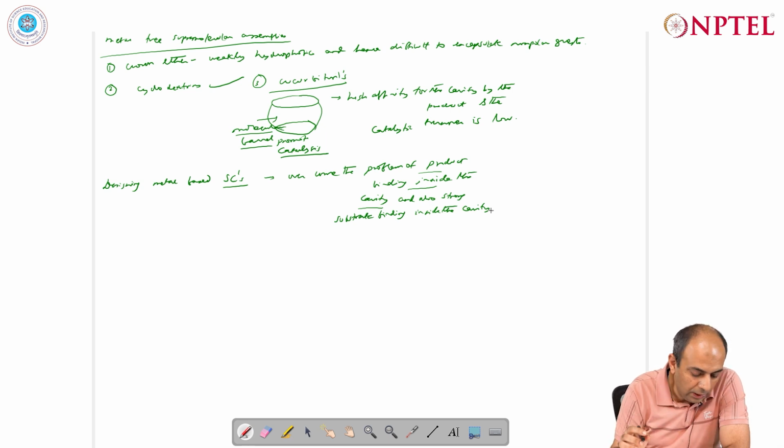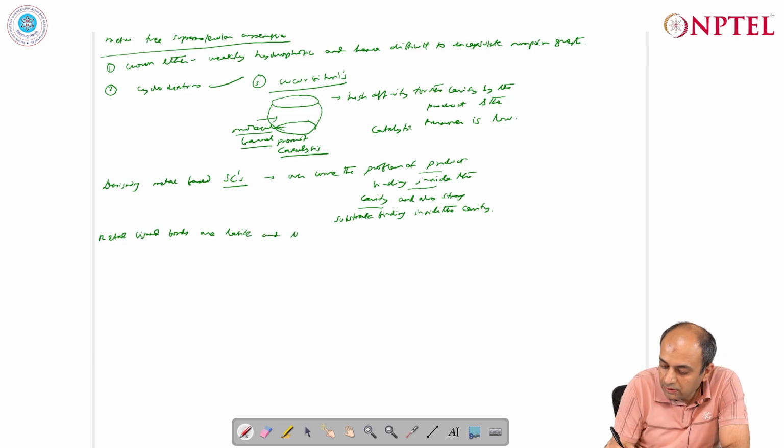And this has also been done keeping in mind that the metal-ligand bonds are labile, and as we have already seen, these allow for the formation of thermodynamically controlled assemblies.